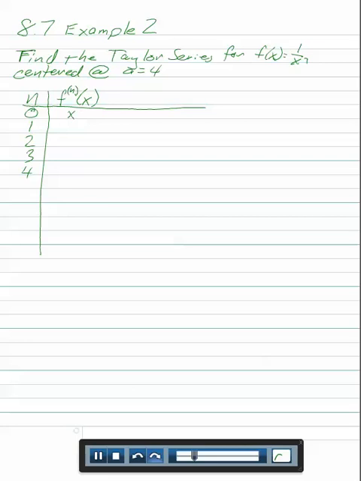Well, if I don't take a derivative, it's x to the negative 2. Now you can write it however you want, but I think this is going to be easier moving forward, so I'll leave it like this. When I take the derivative, I'll get a negative 2x to the negative 3. In the next step, I'm going to bring down my negative 3. So that'll be negative 2 times negative 3 times x to the negative 4.